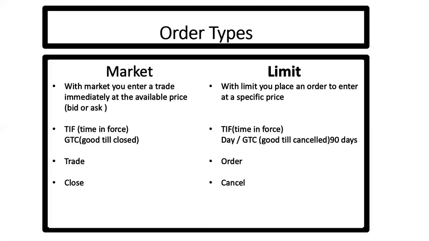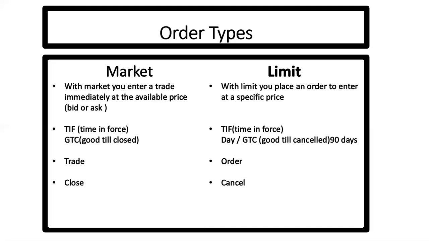Do you all hear that? Can you say it louder? If I've targeted the price to go down to 200 rand, that's when I'll be able to place the order. You all hear that? With limit, you specify the price that you want to enter at. You don't get in immediately.